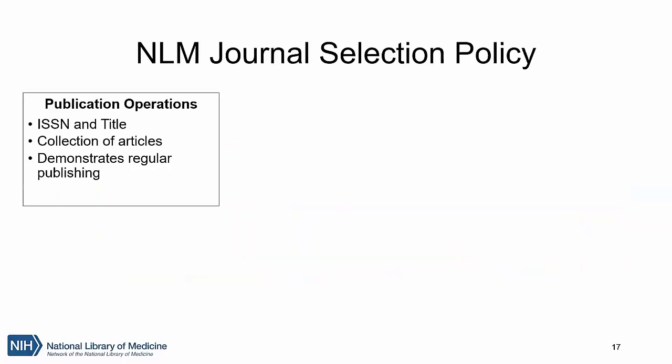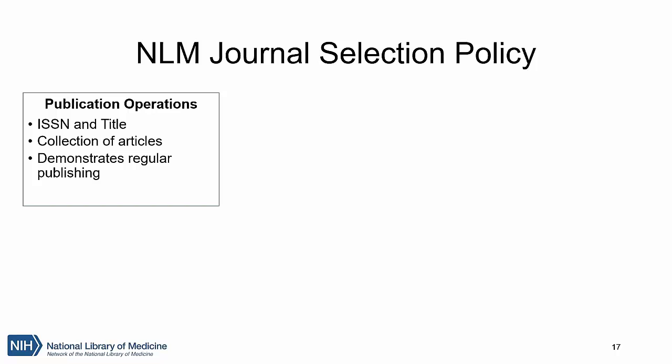Next, we'll review the main components of the NLM journal selection policy as outlined in the collection development guidelines. This slide covers a lot of important information, so I'm going to go through it slowly.